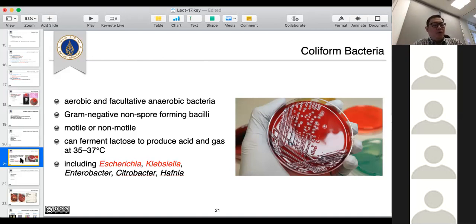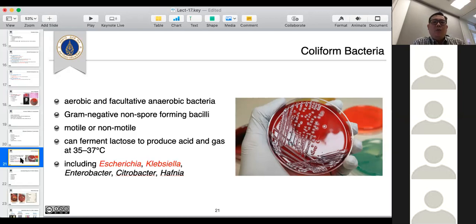If you check the line of food production or the water industry and you find coliform in the line, that means the product probably was contaminated with stool, or some worker in the factory did not have good enough hygiene, causing stool contamination in the target product.